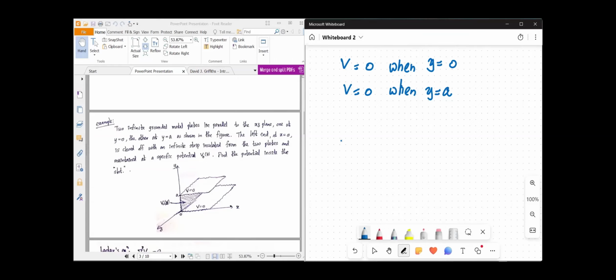So those two are the first two boundary conditions that I'm going to consider.